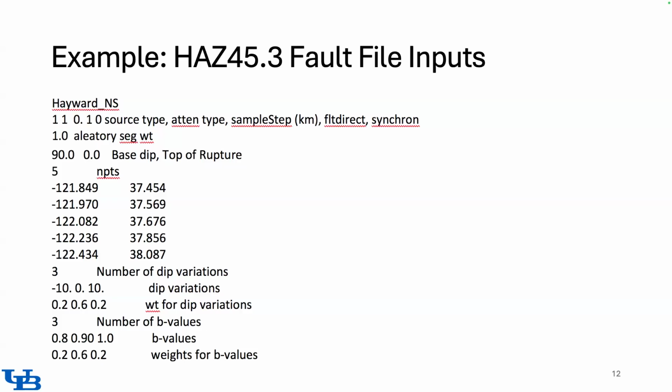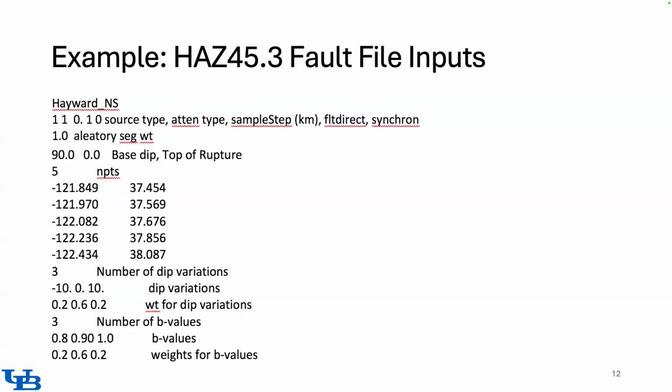And then you define the step size, so how finely you want to sample that faulting space. Here it is every 100 meters. Then we have the segmentation, so you will also define the weight, how likely this segmentation is relative to the others.